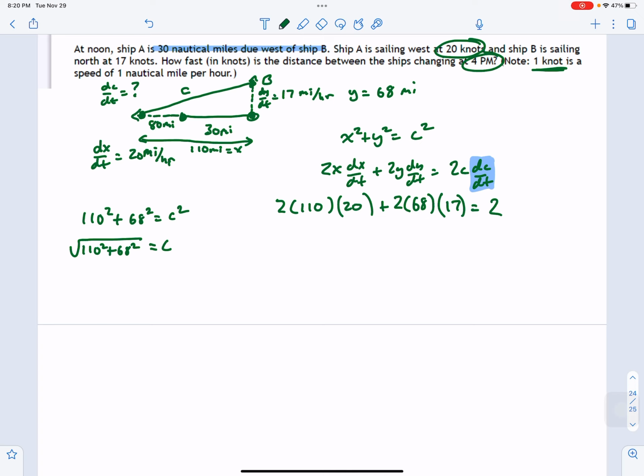Okay. To do that in the calculator now, it's going to be 110 squared plus 68 squared. Let's take the square root of that.